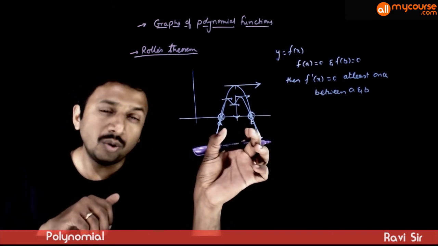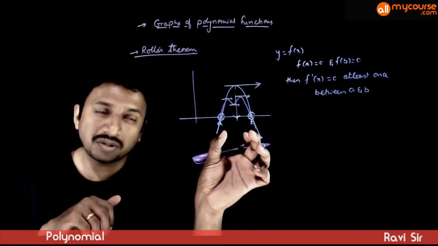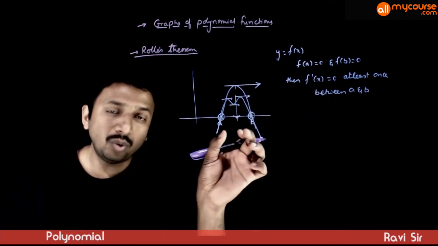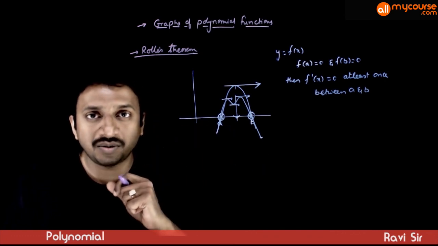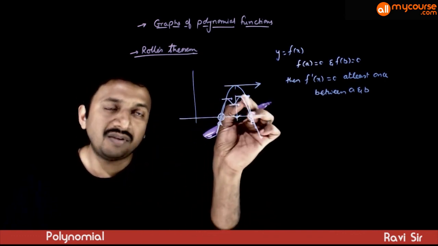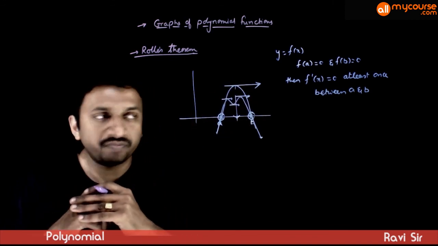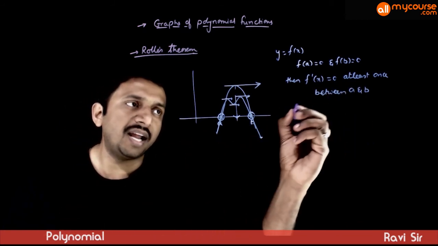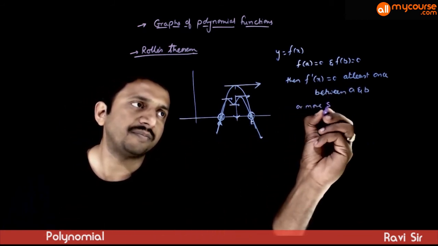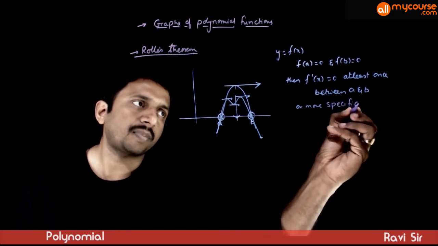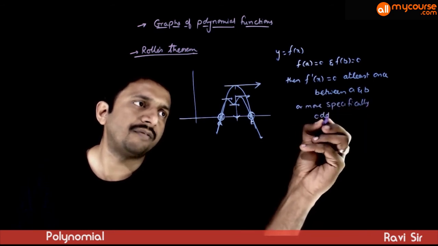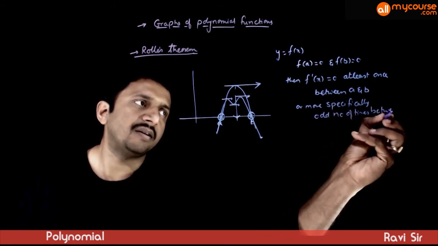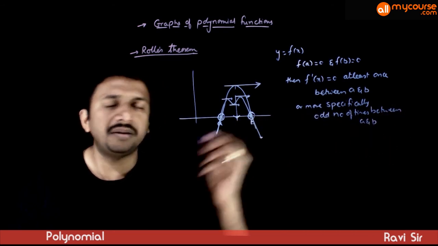So between two zeros of the function f of x is equal to 0, between two roots of the equation f of x is equal to 0, f dash of x will be equal to 0 at least once, or more specifically an odd number of times between a and b.